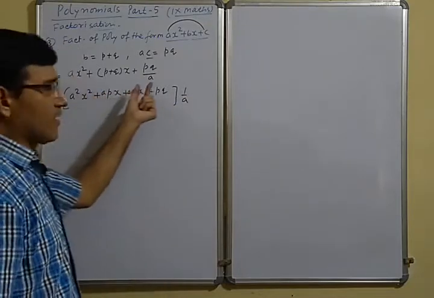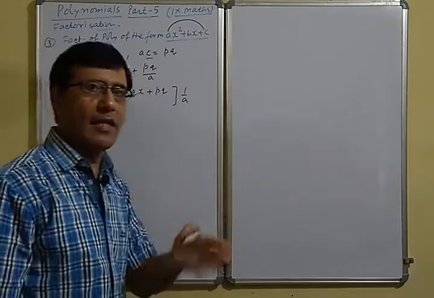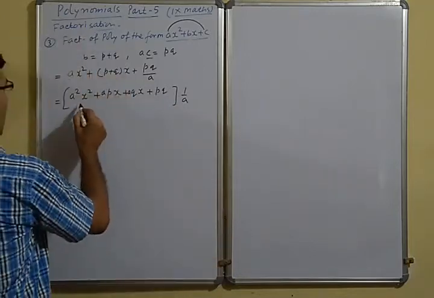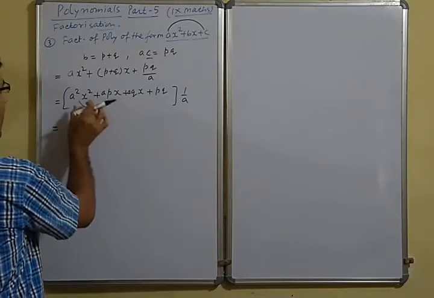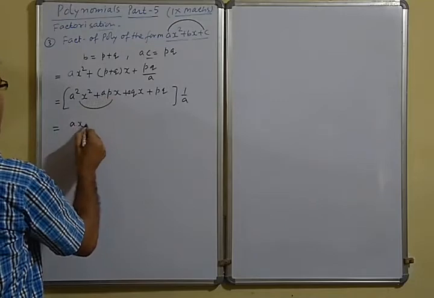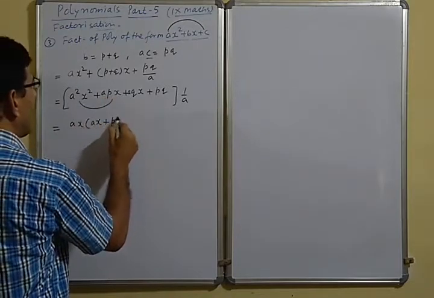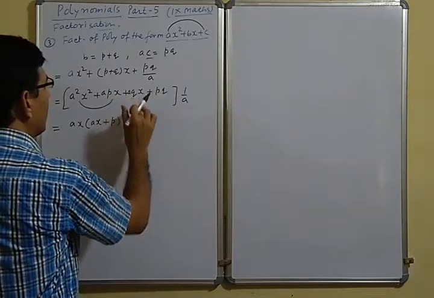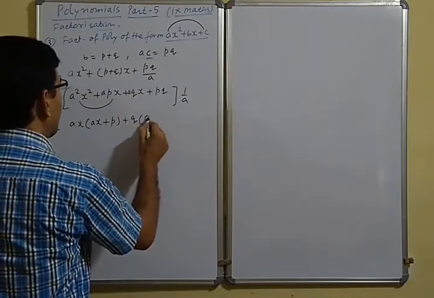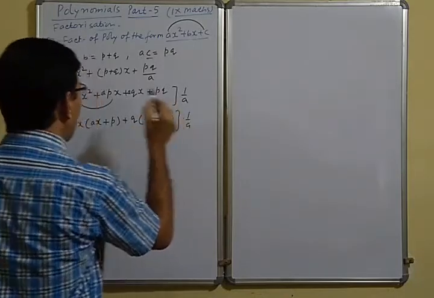Cross multiply, that means you can say that it is the LCM. So now you take ax common. Inside the bracket you will get ax plus p, and here once again pq, q is common, and inside the bracket you will get ax plus p, into 1 upon a.